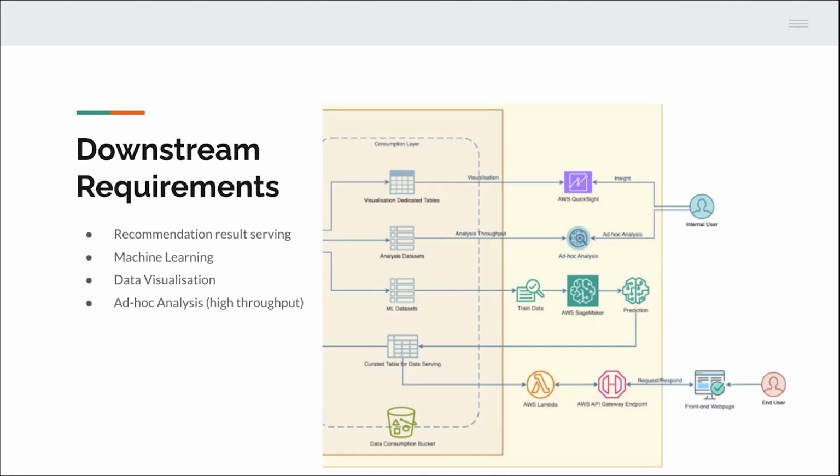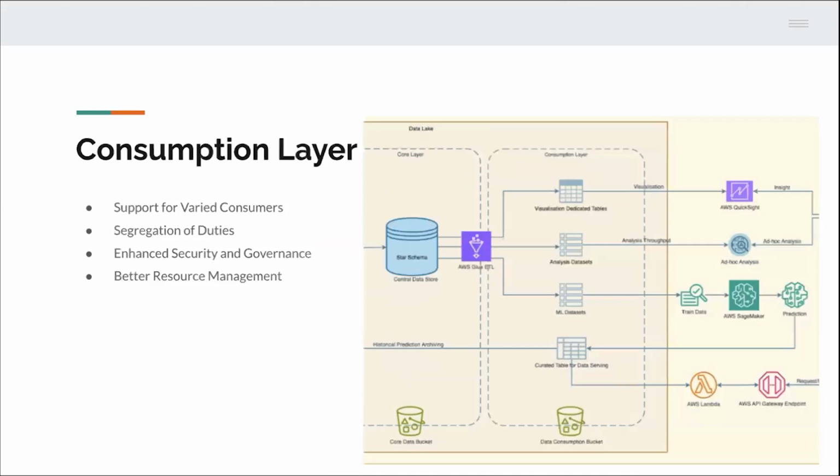And with that endpoint, we provide the data for our front end web page for our end users to use. So for these downstream requirements, we designed the data lake to support the whole data process for those requirements. And next slide, please.